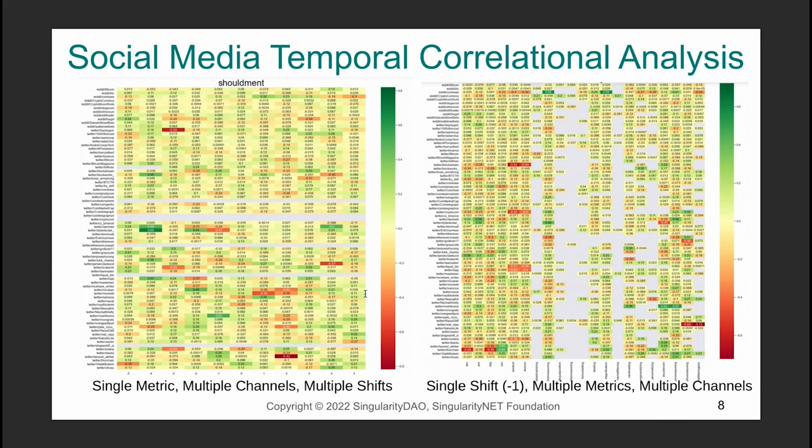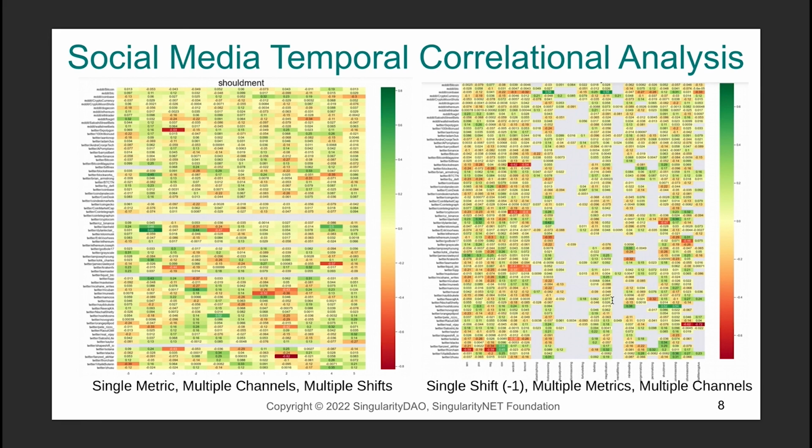And here you see a non-synthetic analysis of the same kind. On the left you see one particular cognitive distortion across different channels. The channels are on the vertical axis, and there are different time shifts on the bottom, and at the -1 shift you can see some high positive and negative correlations, pointing out that news communications on these particular channels might be affecting the price.